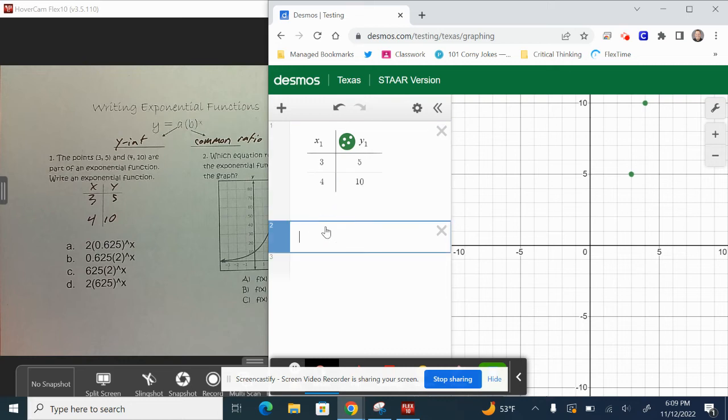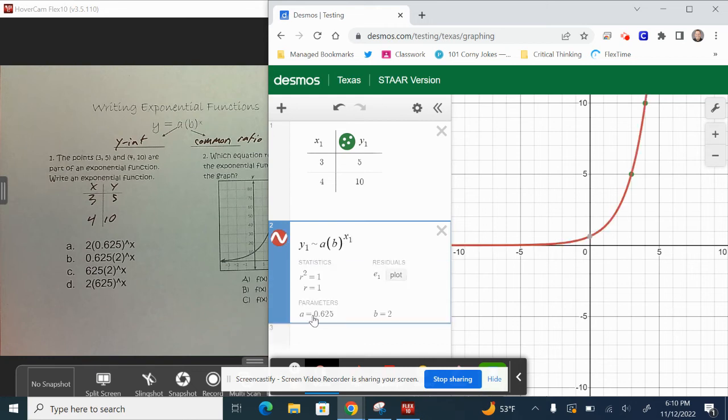Then in a new line, I'm going to type in y1 squiggle. If you need help finding that squiggle, if you don't remember, ask one of your teachers. A parentheses b close it. Then we're going to raise it to the power, shift 6 x1.